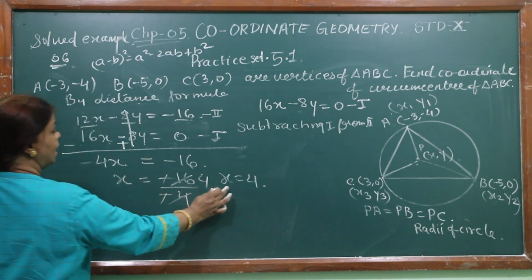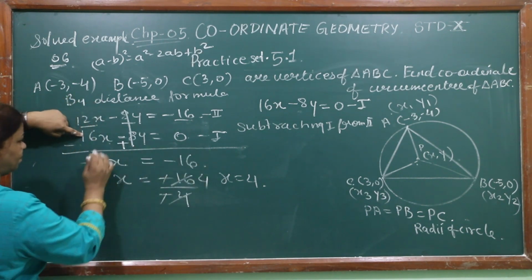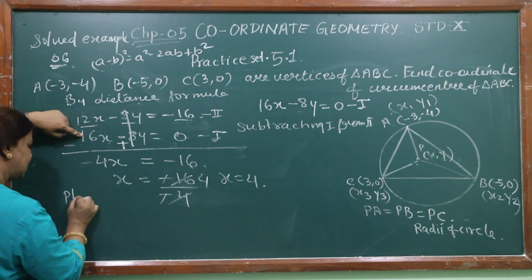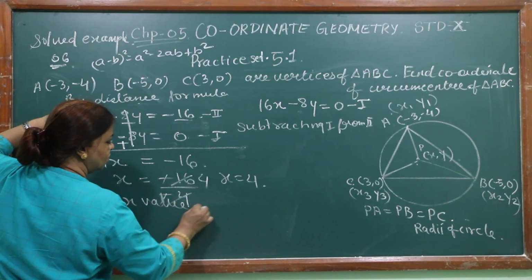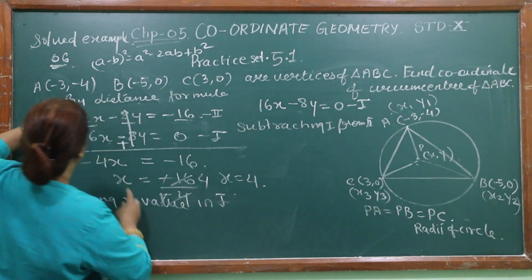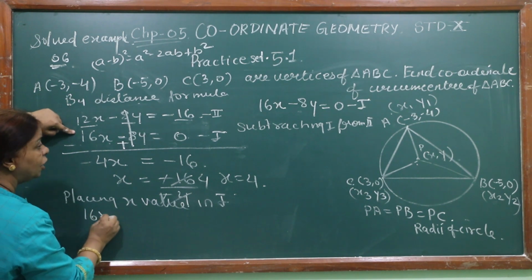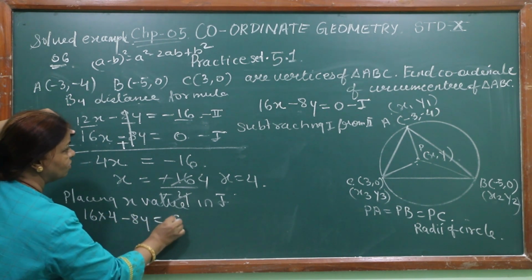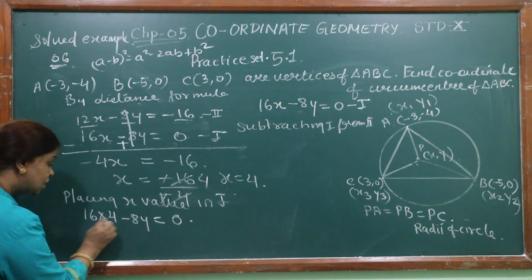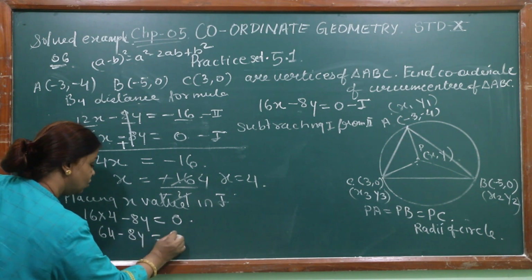Let me place the value of x in first equation. First equation is this: 16 into 4 minus 8y is equal to 0. 16 4s are 64, minus 8y is equal to 0.